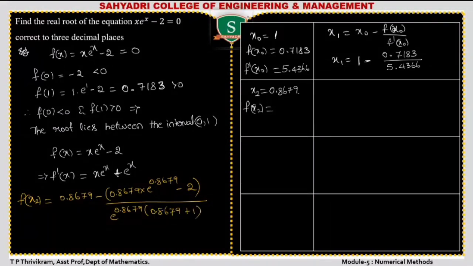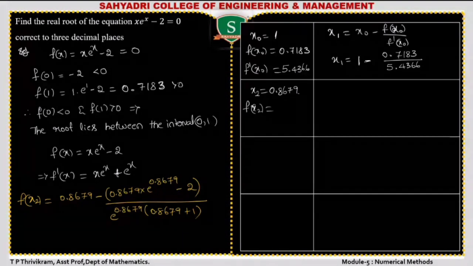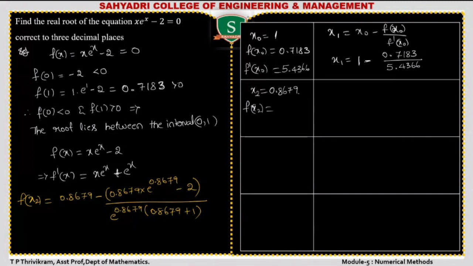So this calculation you have to do. f of x2 is 0.8679 into e power 0.8679 minus 2. This value we get as 0.0673.